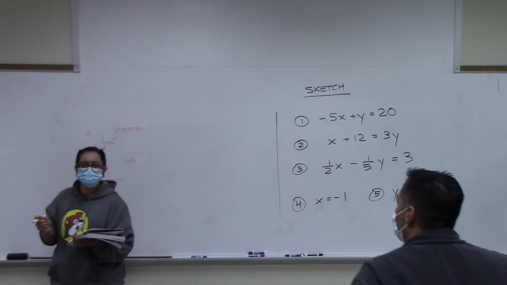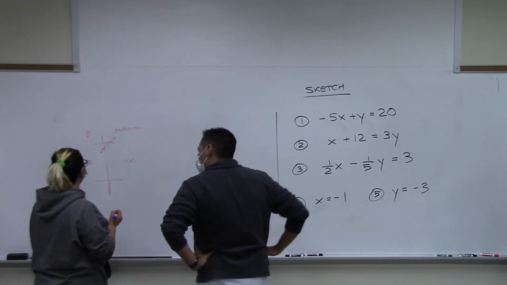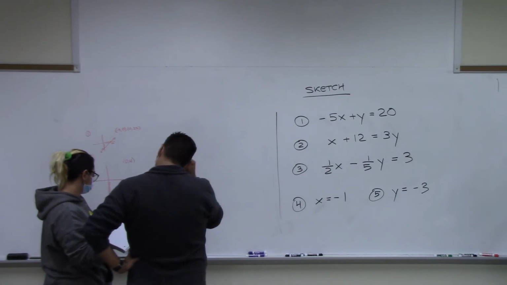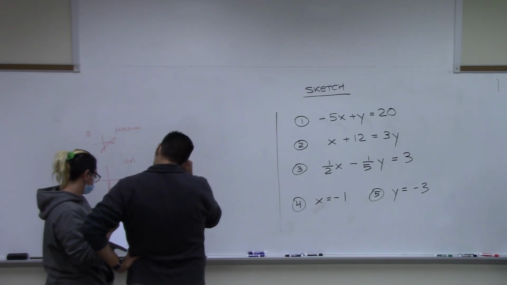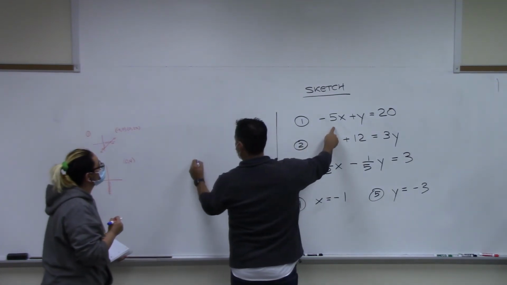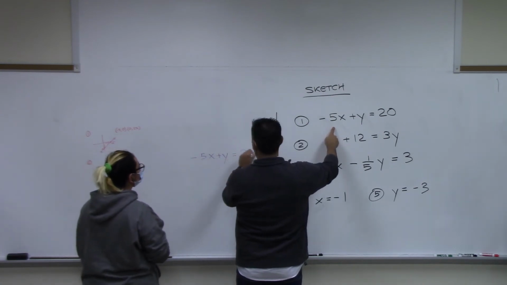Was that your first one? Something's off, right? Let's see, can I see what you did? So you let y be 0, and then, I see what you did. So we started with this, right? And you were trying to find the x-intercept, right?